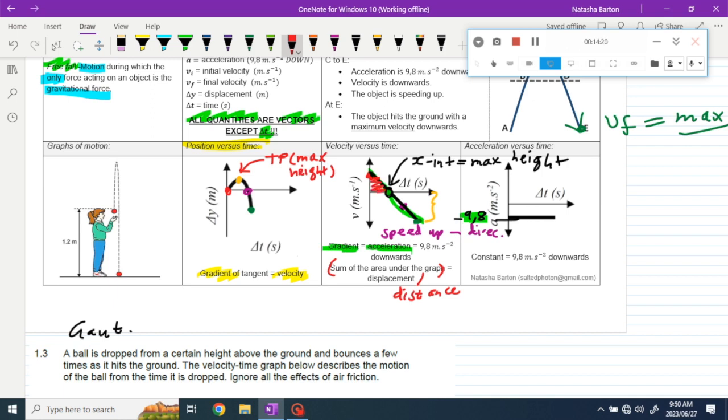We'll use half base times height, it's a triangle, and we'll use this region between the x-axis and the actual graph. Calculate those areas, half base times height, and we will add them together, the positive values to get distance, or we will add them together, this one being negative, to get displacement. Okay. Are there any questions?